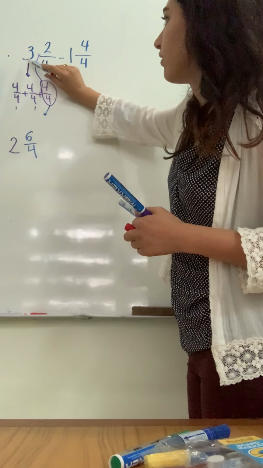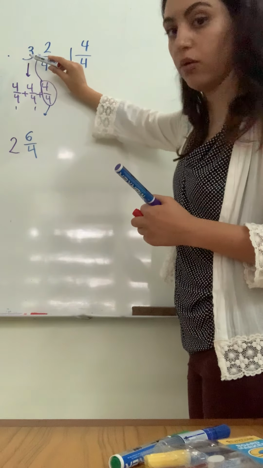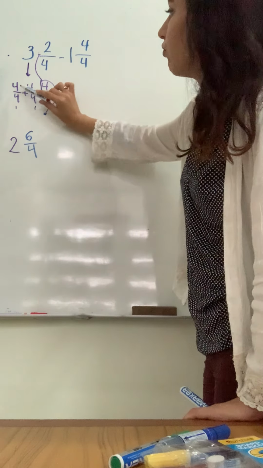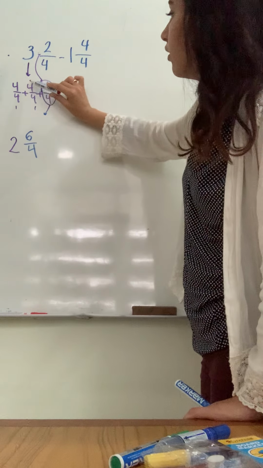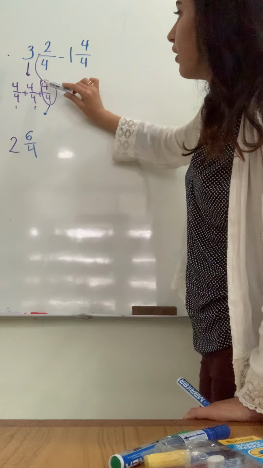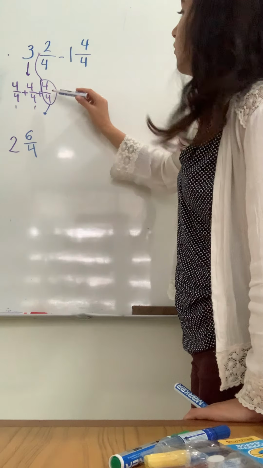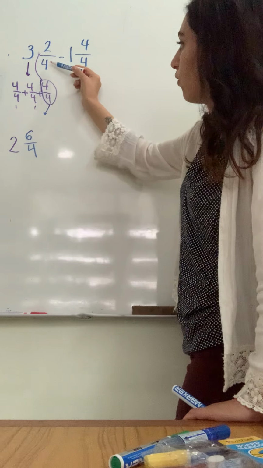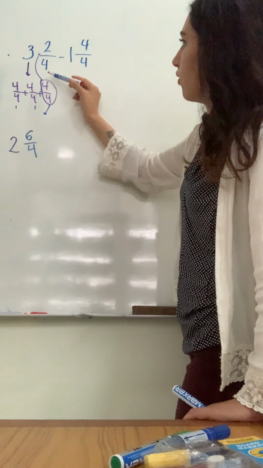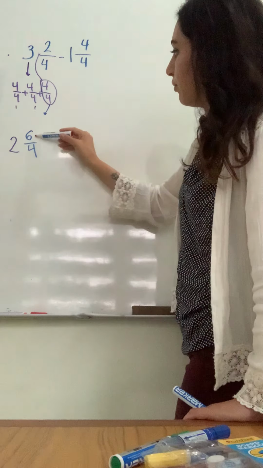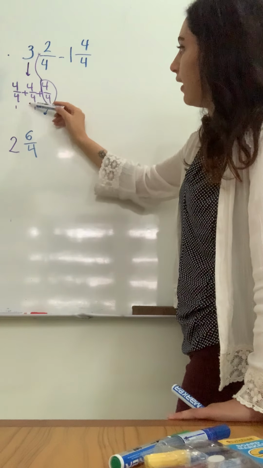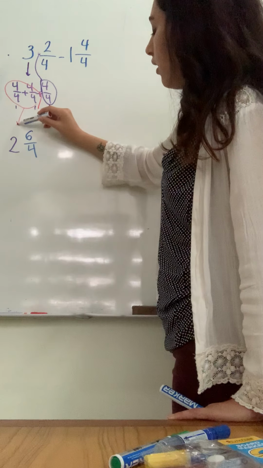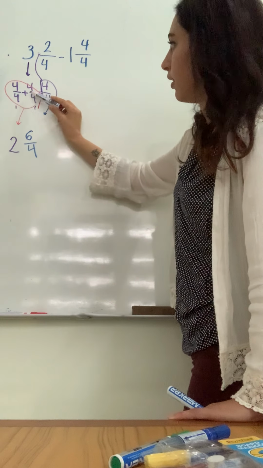Then we have to understand what 3 means. 3 wholes means 3 times 4/4: 4/4 plus 4/4 plus 4/4. Then we have to give one of these to 2/4. Let's see, 4, 5, 6. That will be 6/4.